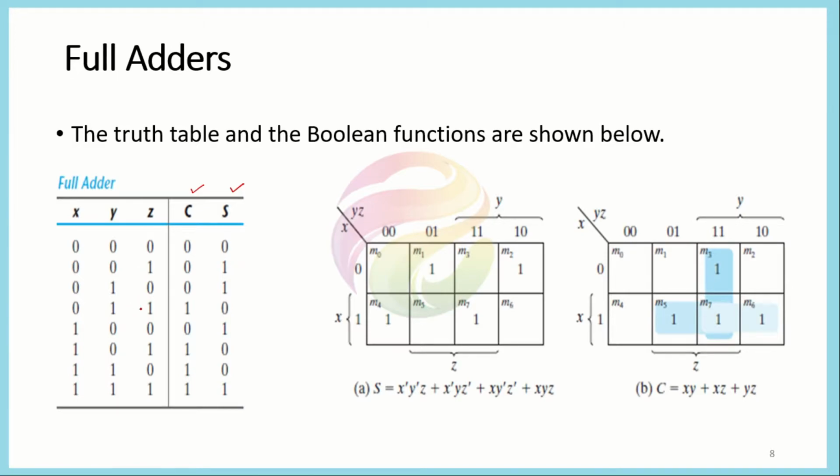When we have two ones in the input, that corresponds to sum equal to 0 and carry equal to 1. While if we have three ones in the inputs, in this case we will have sum equal to 1 and carry also equal to 1.